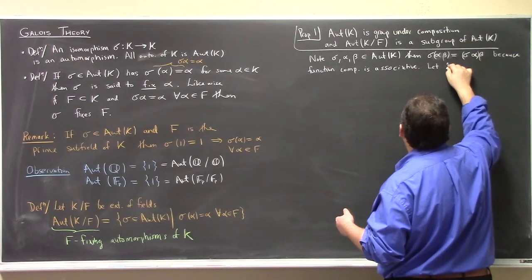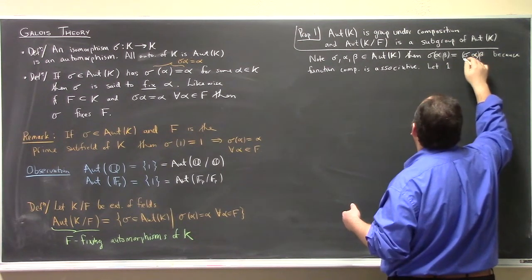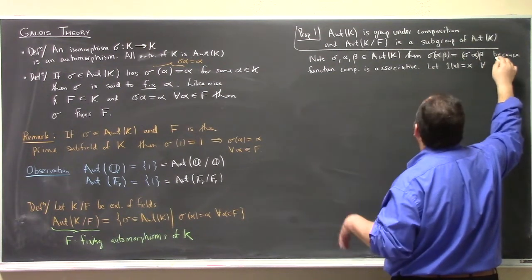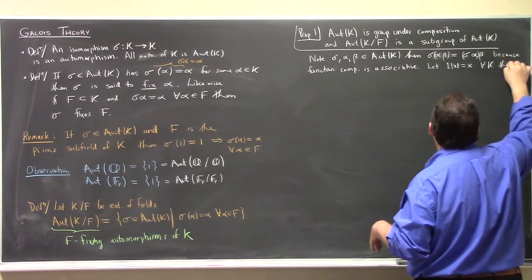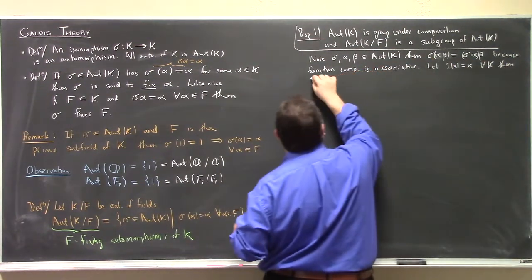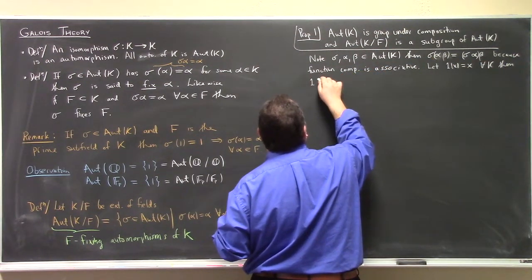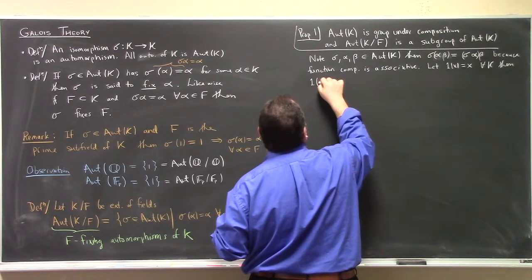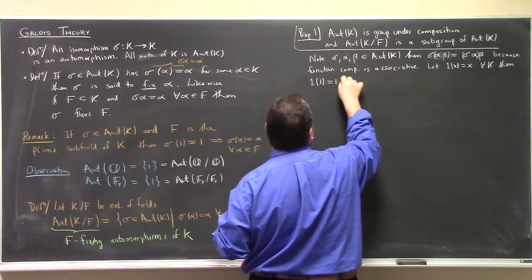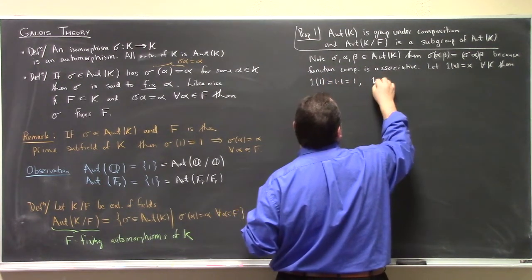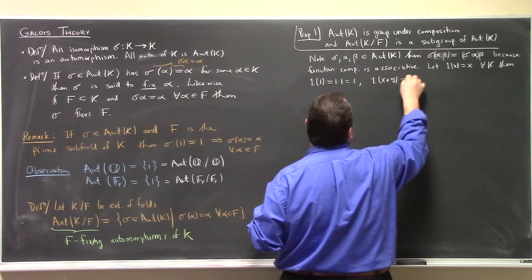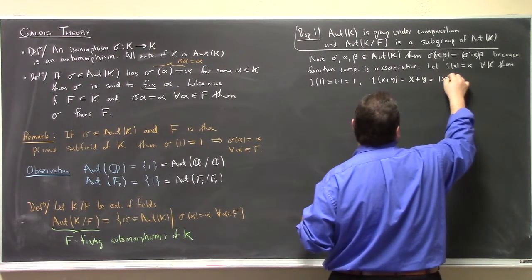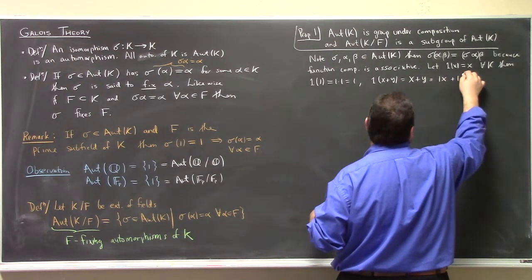Let 1 of x equal x for all x in K. Then you can prove 1 is an automorphism. Well, of course, 1 maps 1 to 1, and 1 of x plus y is x plus y, which is 1 of x plus 1 of y, right?